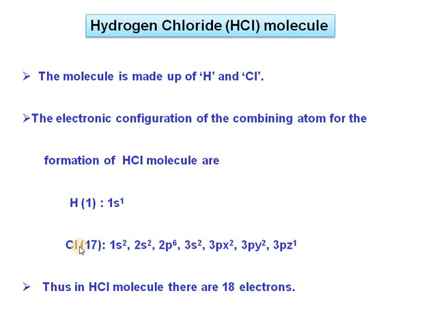The chlorine atom, which is the more electronegative atom, has 17 electrons, distributed as 1s2 2s2 2p6 3s2 3px2 3py2 and 3pz1. Hence the hydrogen chloride molecule is made from 18 electrons.